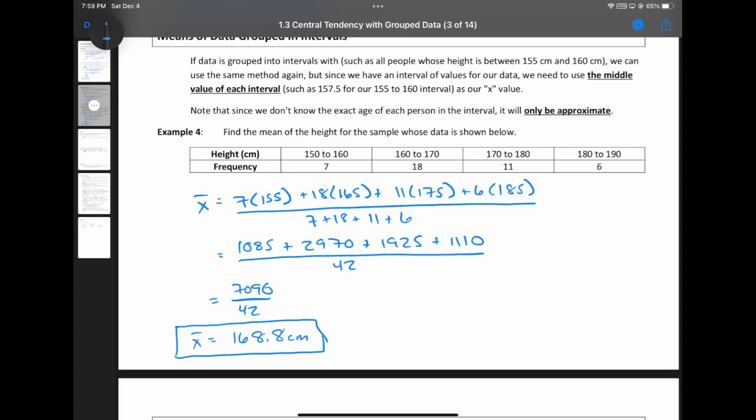And if I look at my data set, that's at the upper end of my second interval of data, which makes sense because there's actually more data above it than there is below it. So it probably should be at the high end of that. Okay.